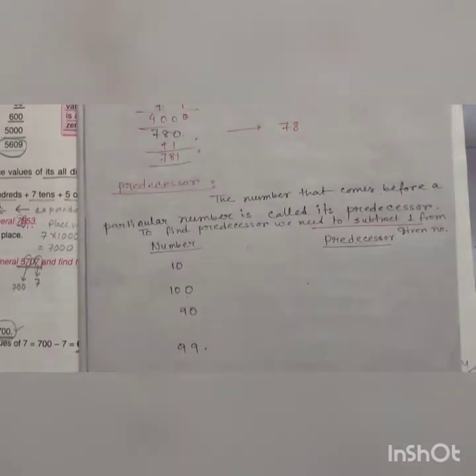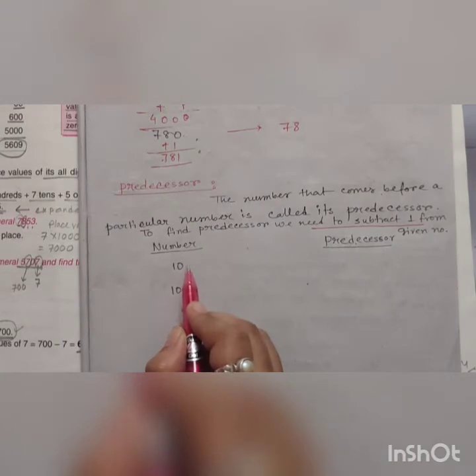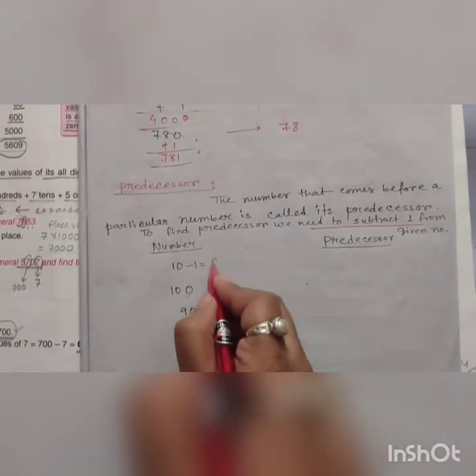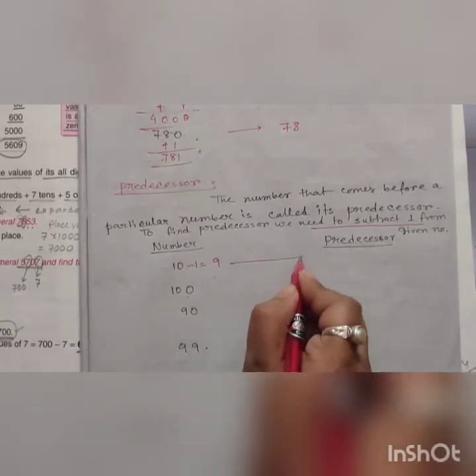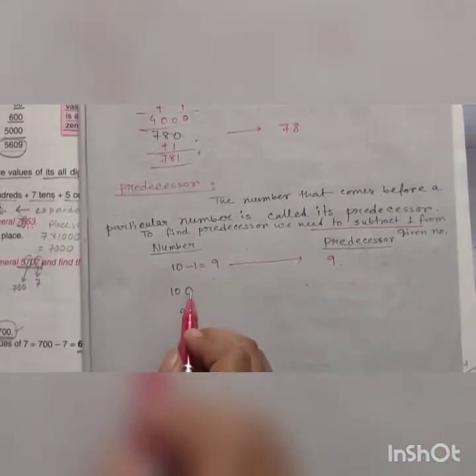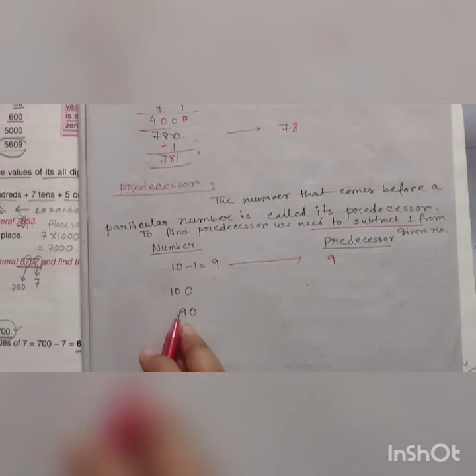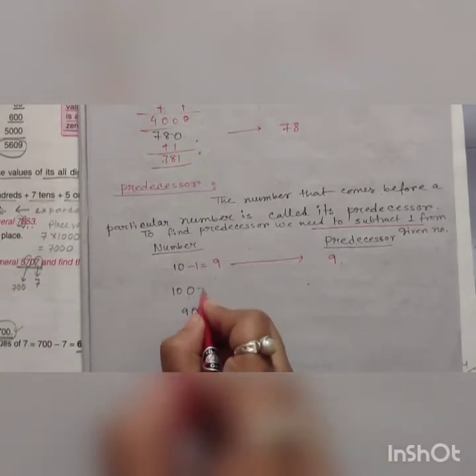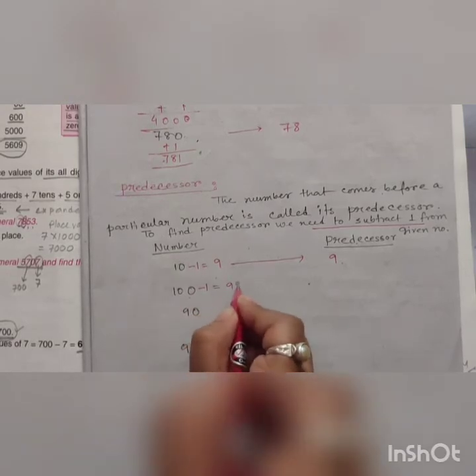Here I have given you some numbers and we will find the predecessor of each. The predecessor of 10: 10 minus 1 is 9, so the predecessor of 10 is 9. What will be the predecessor of 100? If you subtract 1 from 100, you get the predecessor. 100 minus 1 is 99.